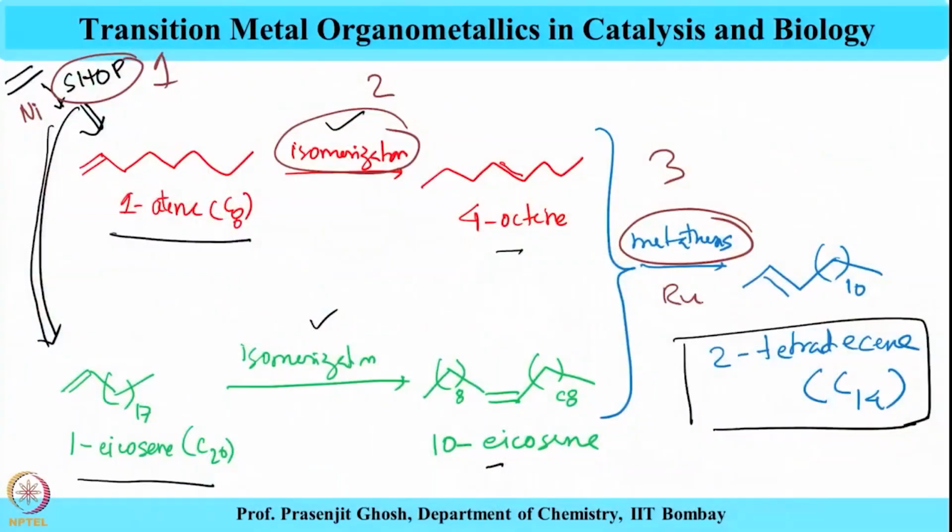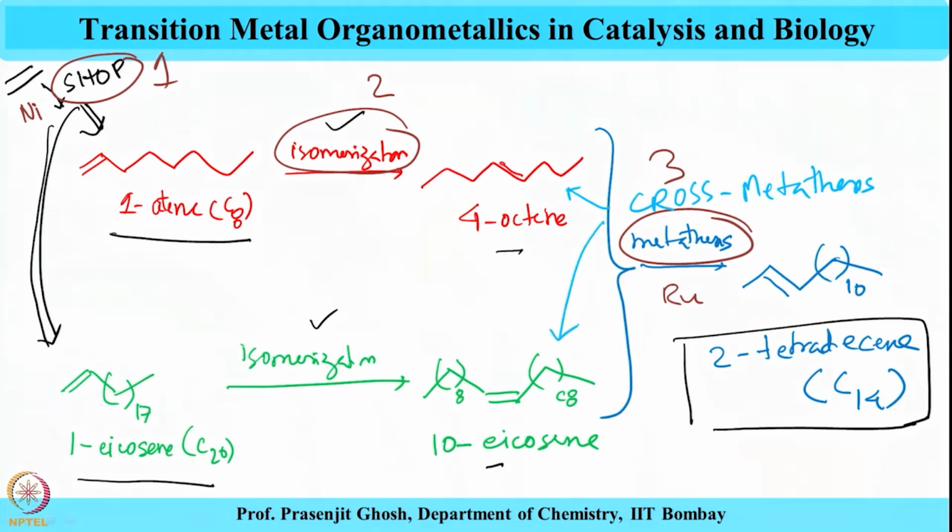Now, in today's lecture what is important is that the metathesis reaction they would be carrying out over here is nothing but cross metathesis. This metathesis reaction is actually a cross metathesis between 2 different olefins. That is exactly what we are seeing.